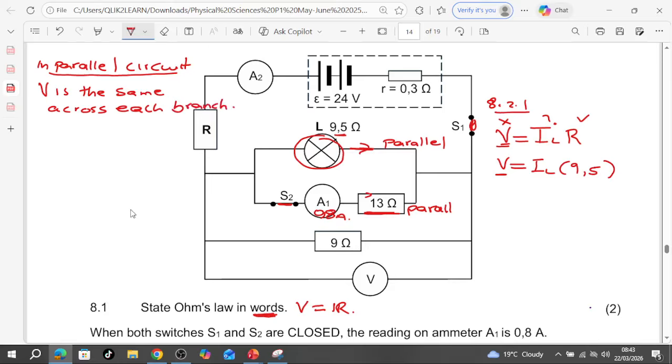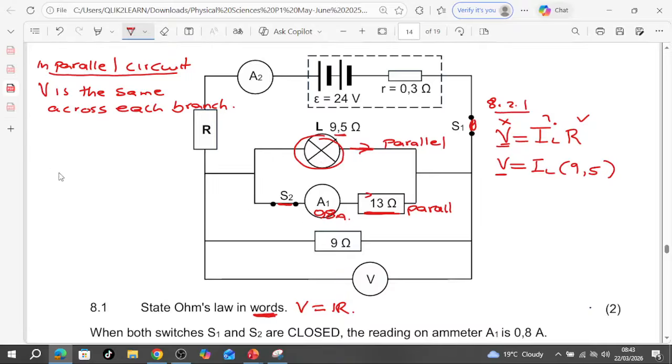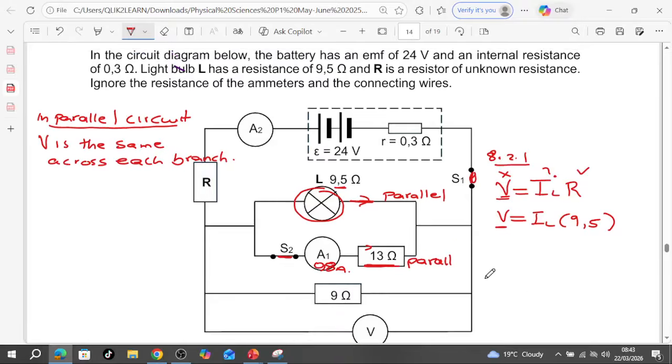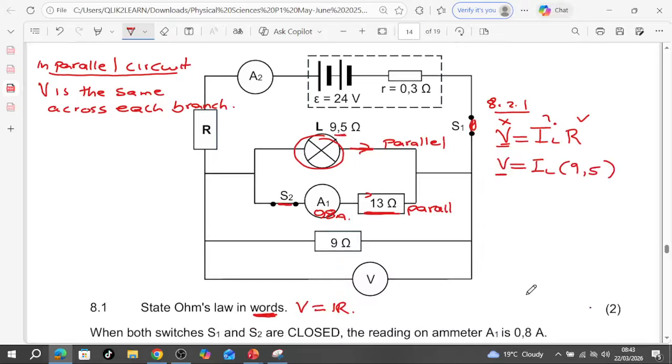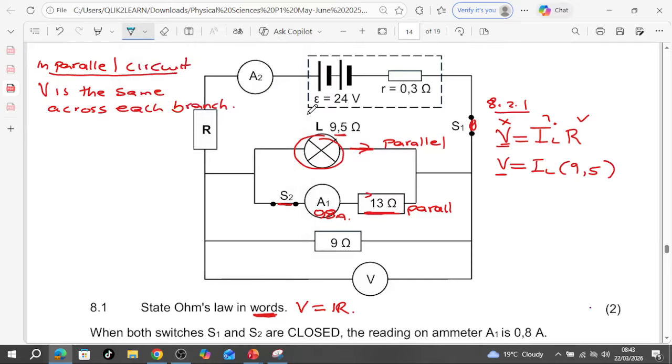We are happy about that. So the voltage across the bulb L will be the same as the voltage through the other branch, because these two are parallel.